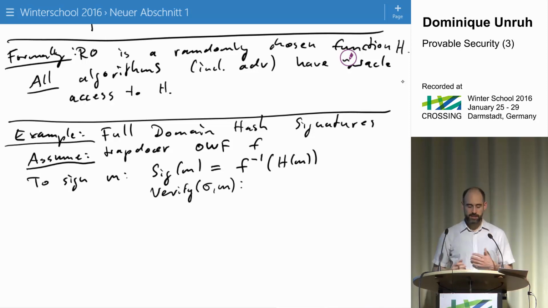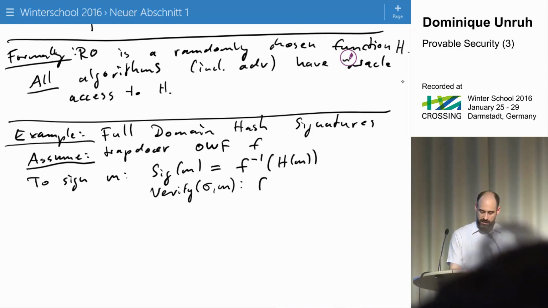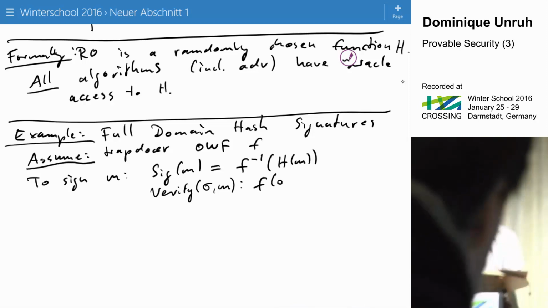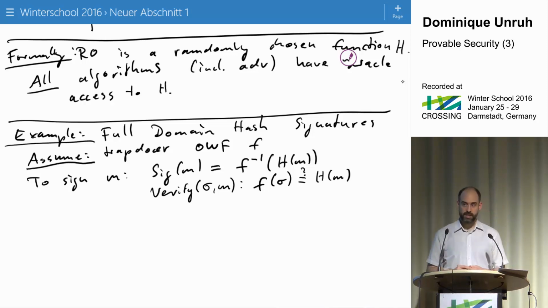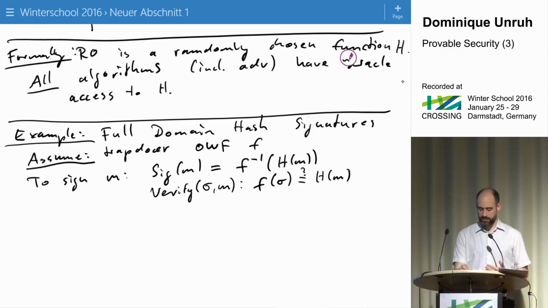And if we have a signature and a message M and we want to verify it, of course we can't call F to the -1 because we don't have the secret key. But what we can check is whether F applied to the signature equals the hash of the message. This checks whether we have actually computed it that way, and we assume that only the honest sender can do that.